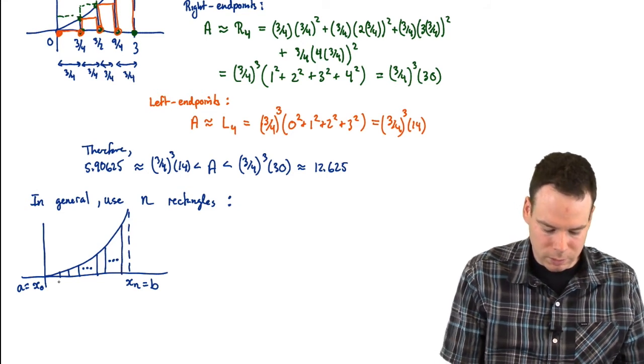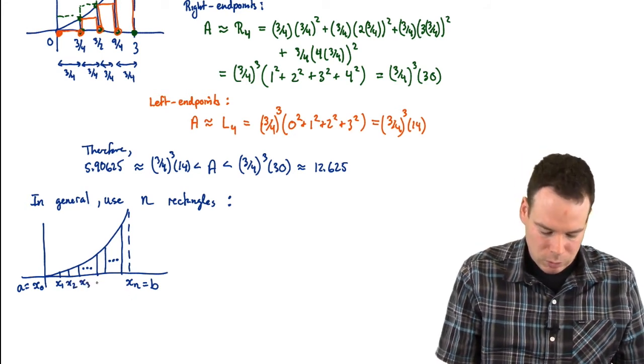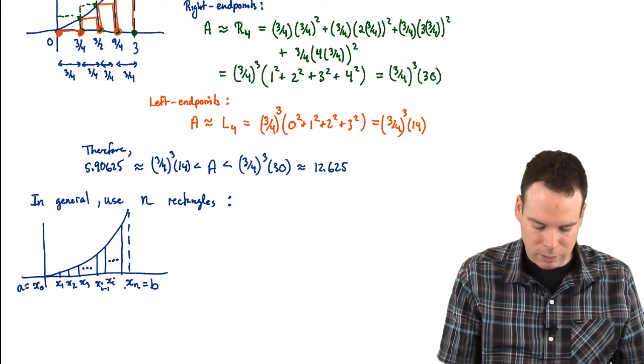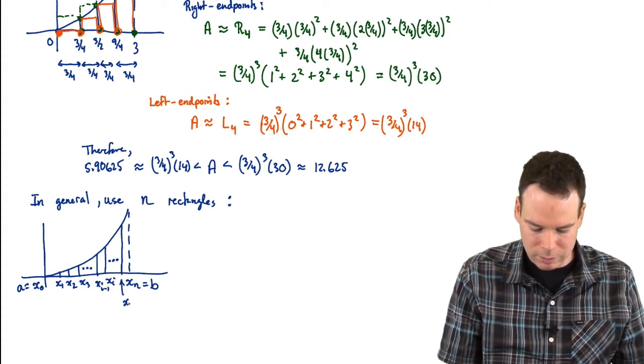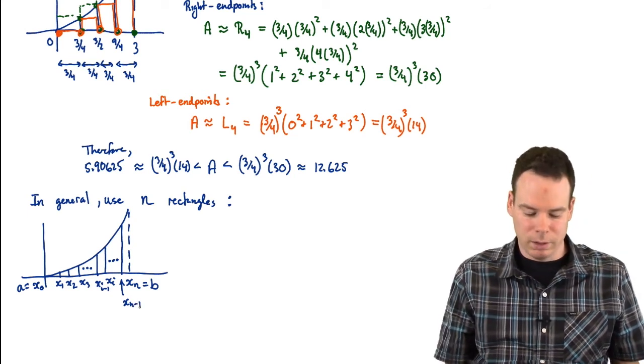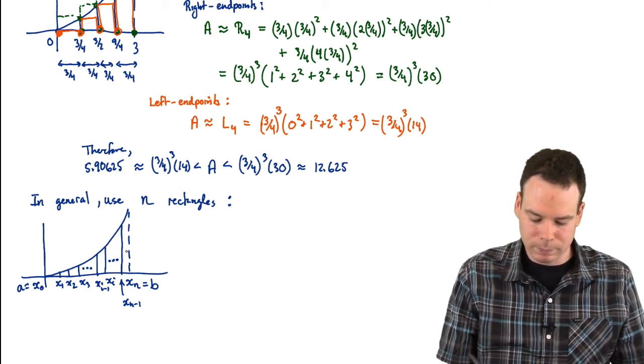There's our last rectangle. So this would be x sub 1, x sub 2, x sub 3, and we just continue, maybe x sub i minus 1, x sub i, and then all the way up to x sub n minus 1, and x sub n. So there are our slices, and we're going to use rectangles to approximate the area of the slices.